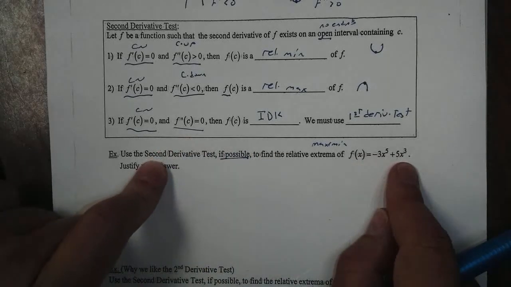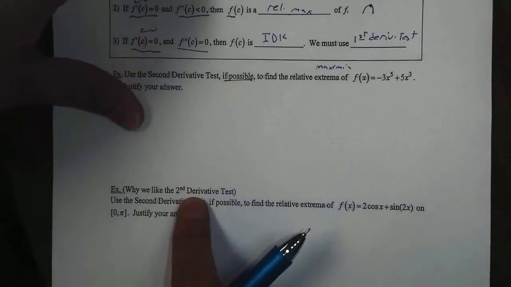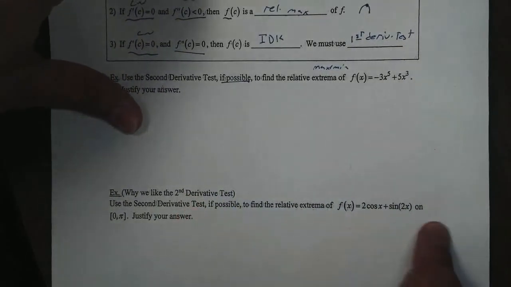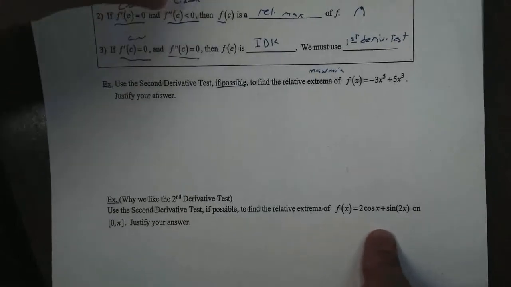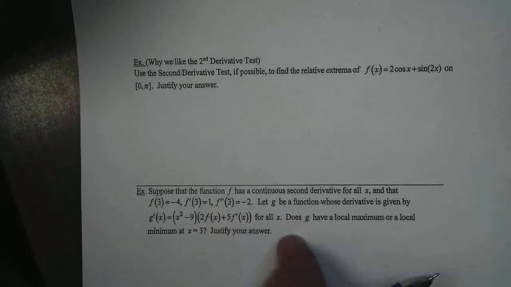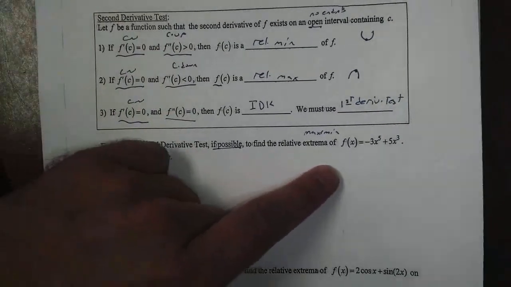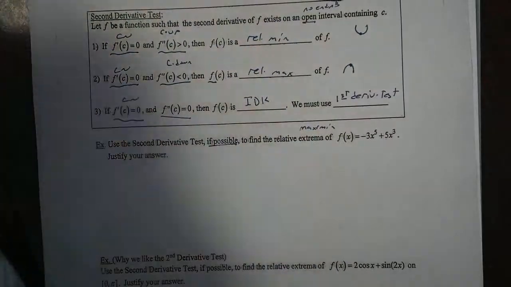However, they are asking me to use it, so I probably should. Where the second derivative test is nice is when we have trig-licious functions, which we're going to talk about in just a few moments. And also, we have this example down here at the bottom, an application from the AP. The reason why the first derivative test is sometimes much more useful is that we've already seen examples where it is a lot nicer to use.